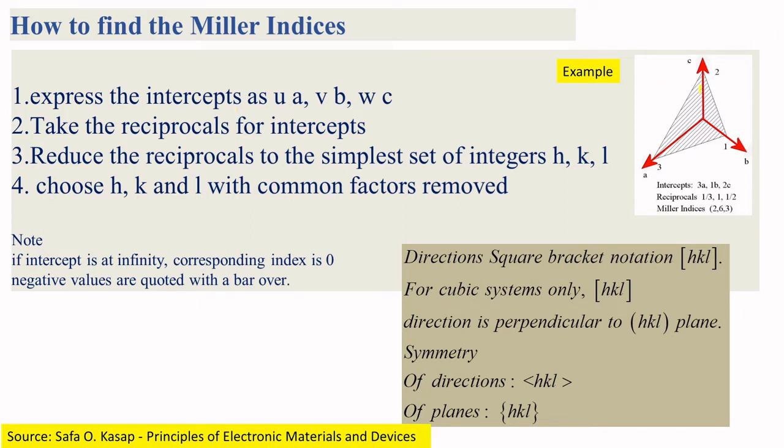That is the first step. The intercepts mean for the x-axis and y-axis, and for the z-axis you have some intercept. So the intercept is very important, and you want to identify the intercepts. Then you want to take the reciprocal of the intercepts. Consider an example where the intercepts are 3 1 2. That means the reciprocals of the intercepts are 1 by 3, 1 by 1 and 1 by 2.